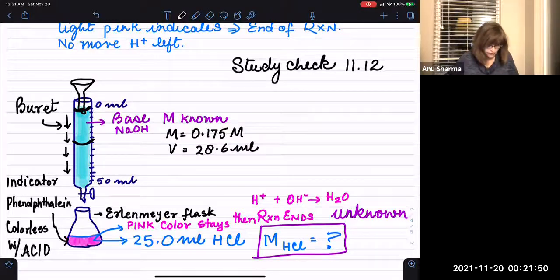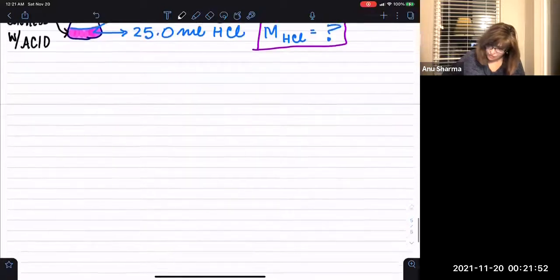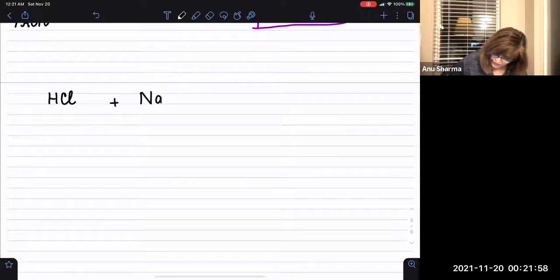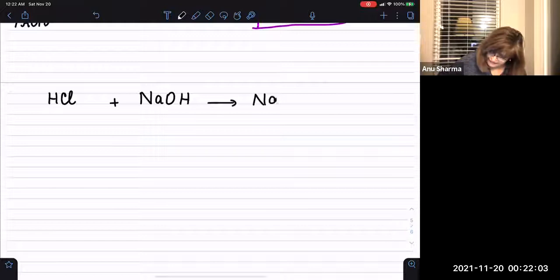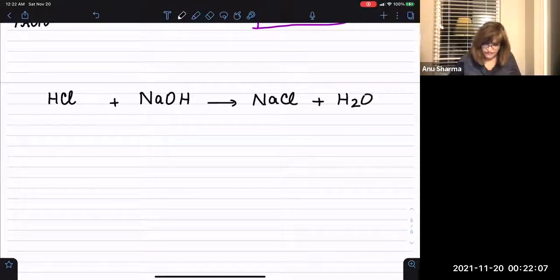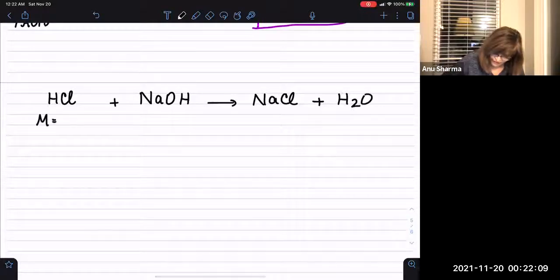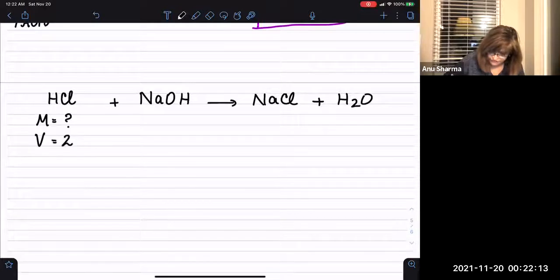11.12, and you see here that you are given the HCl, you are given NaOH, you are forming NaCl and water, and fine, the reaction is done, but we need to find the molarity of HCl when the volume of HCl was 25. So let's put this A for acid.